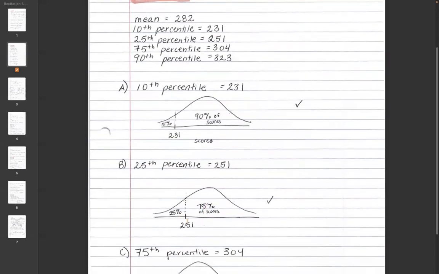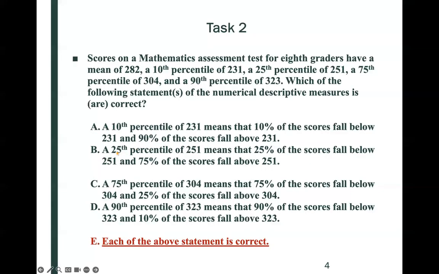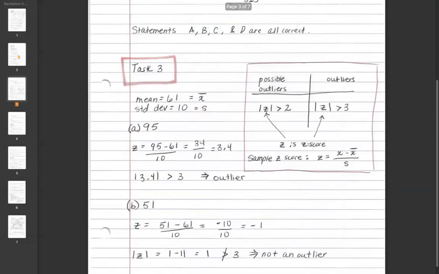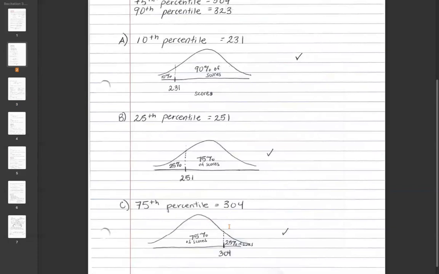Going back to B, it states that a 25th percentile of 251 means that 25% of the scores fall below 251. That's correct. And 75% of the scores fall above 251. That's also correct. Now on to C. What does a 75th percentile of 304 mean? Here I'm going to draw 304, which is the 75th percentile.